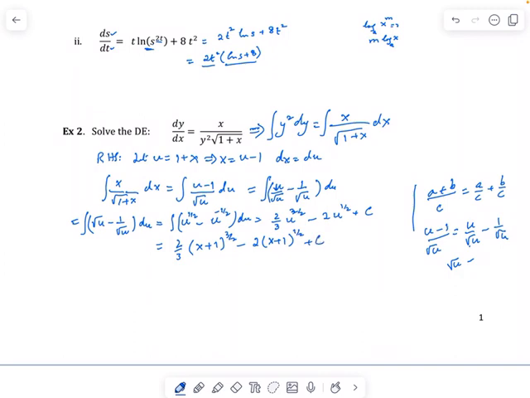Now we look at the left hand side. Putting them together, we get y cubed over 3 is equal to the right side result.